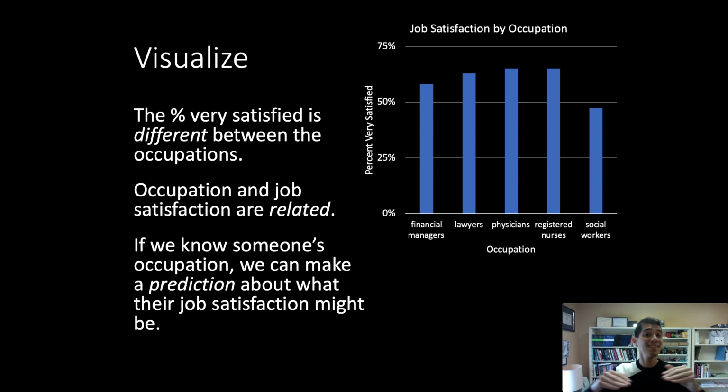So if we see the same pattern across all of the levels, then we would say that the variables are not related or that they're independent. But when they're different, like we see in this chart, it tells us that the variables are related, because knowing what job somebody's in lets us predict their level of job satisfaction.